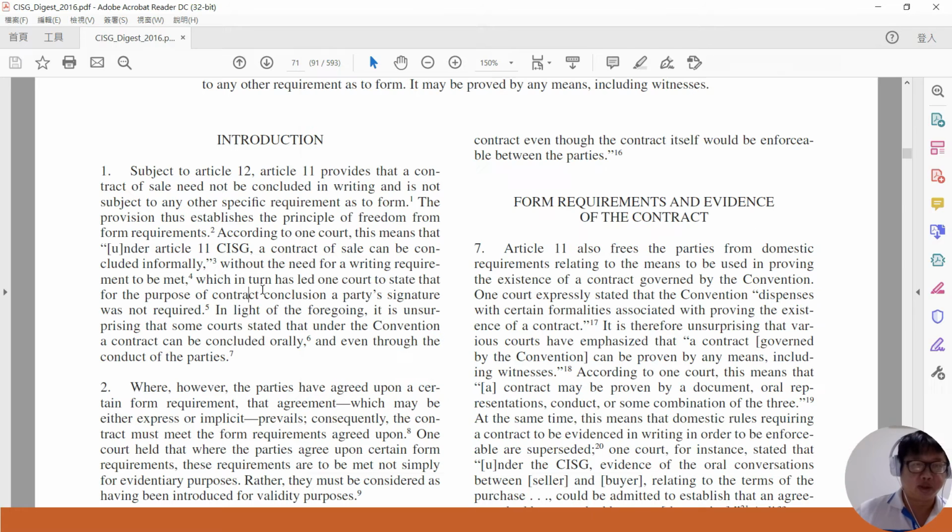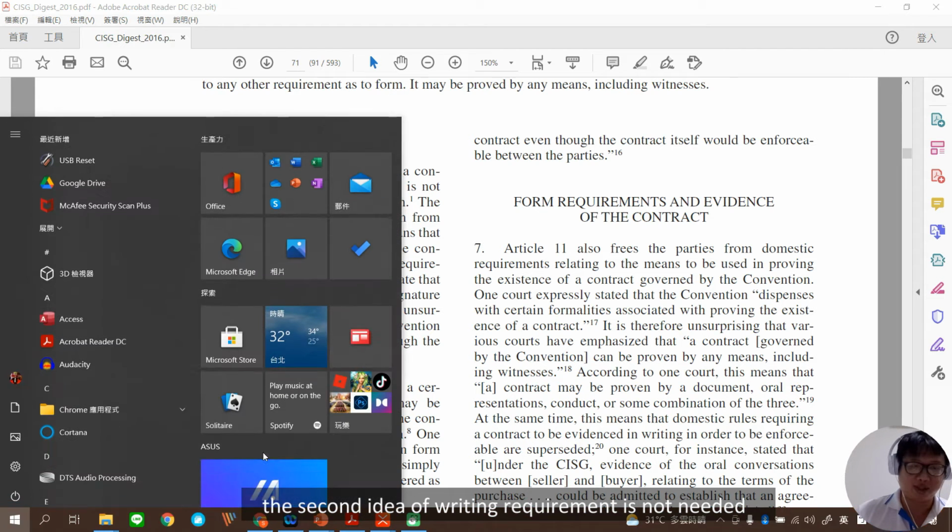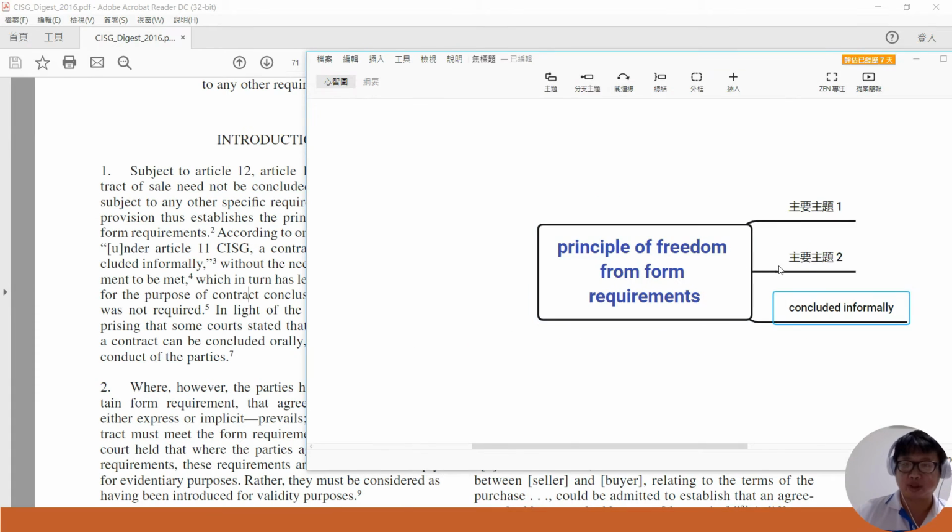Then, without a need for a writing requirement to be met. So the second idea is that a writing requirement is not needed. Writing is not needed.